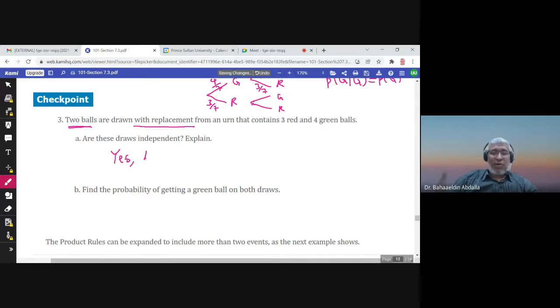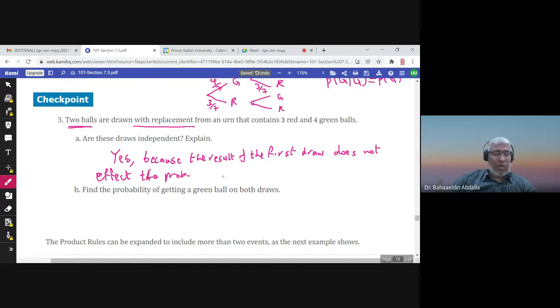Explain, because you can say that the result of the first draw does not affect or change the probability of the second event.